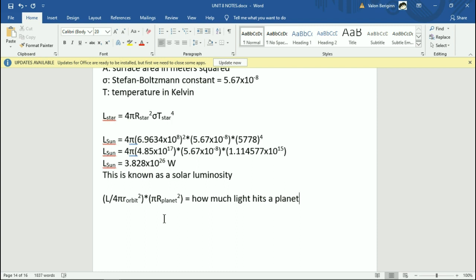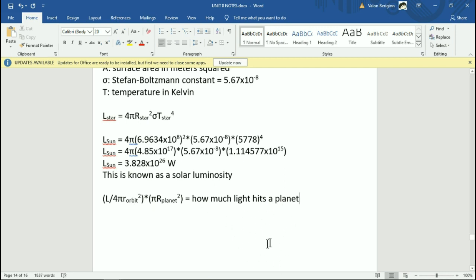How this works and how we can figure this out is that any object wants to be at a steady temperature. If you give something energy, it will warm itself up until it reaches its own stable temperature. We talked about this back in December, but the idea is that as this light hits a planet, it's going to heat up.